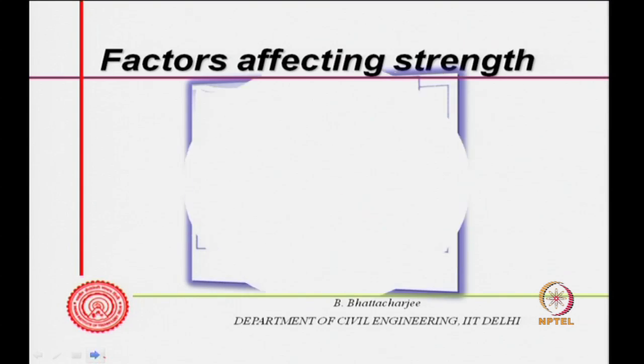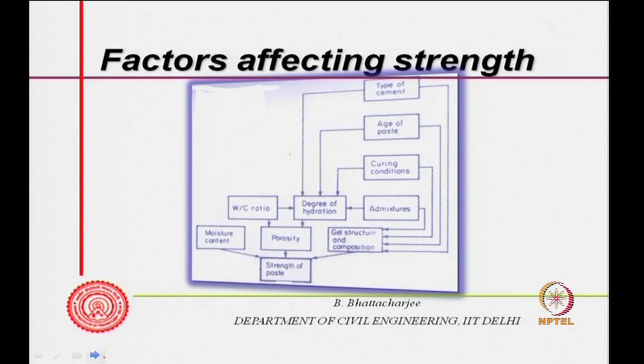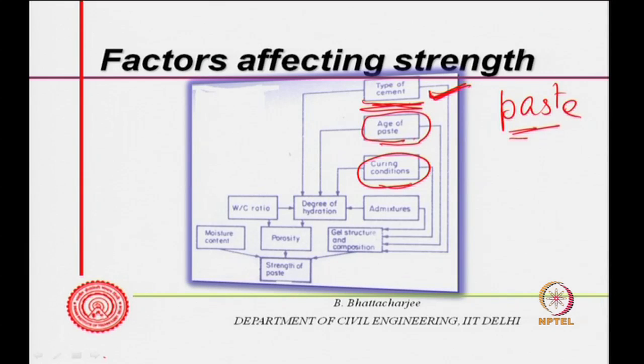So, what are the factors that affect strength? If we look at it, first of all, type of cement has got a role. Let us say this is the paste, we are looking at the effective strength of paste. So, type of cement has got a role on paste strength at a given age, of course, the age of the paste. So, paste age, type of cement, and curing condition, because hydration will progress only if you have the right kind of curing condition, these three will govern the degree of hydration.